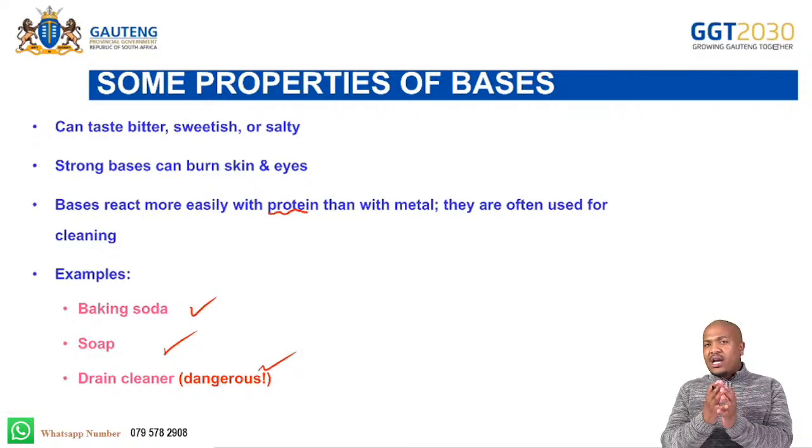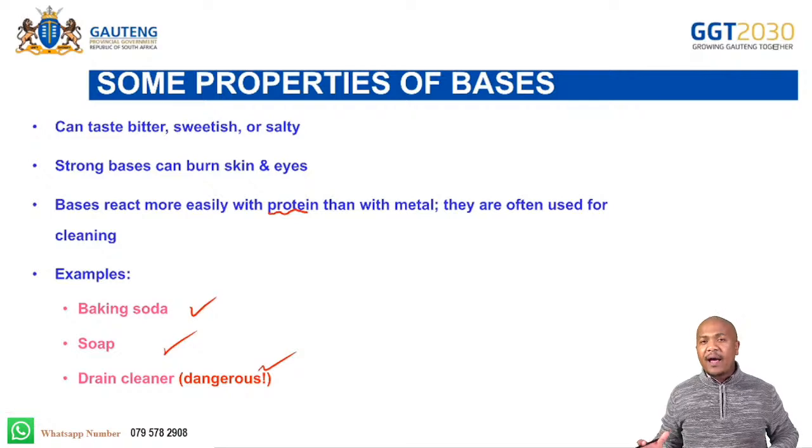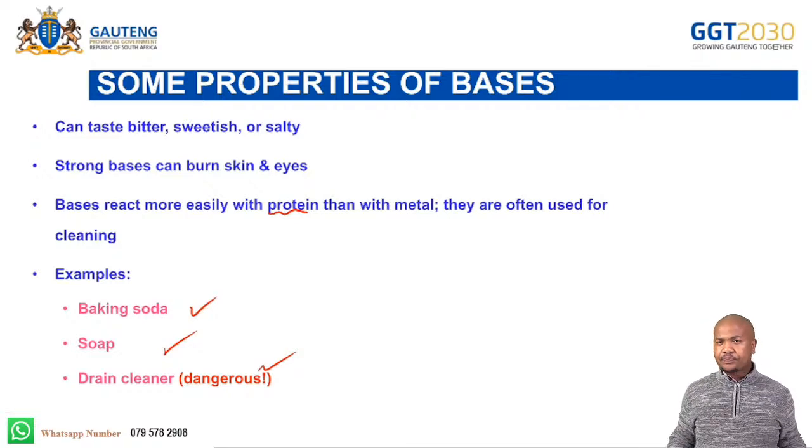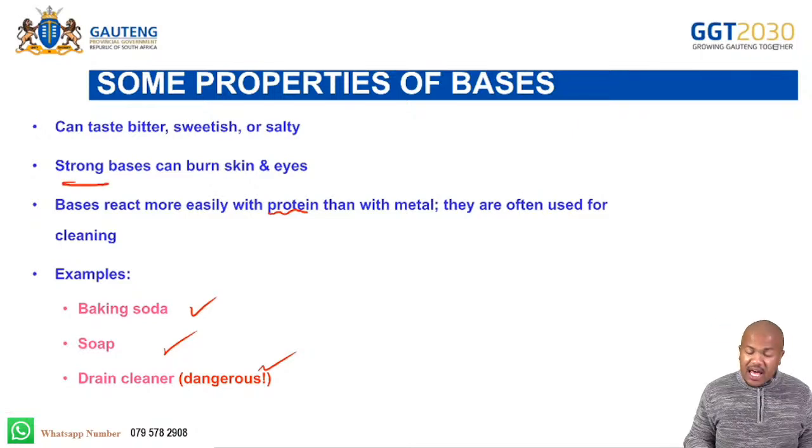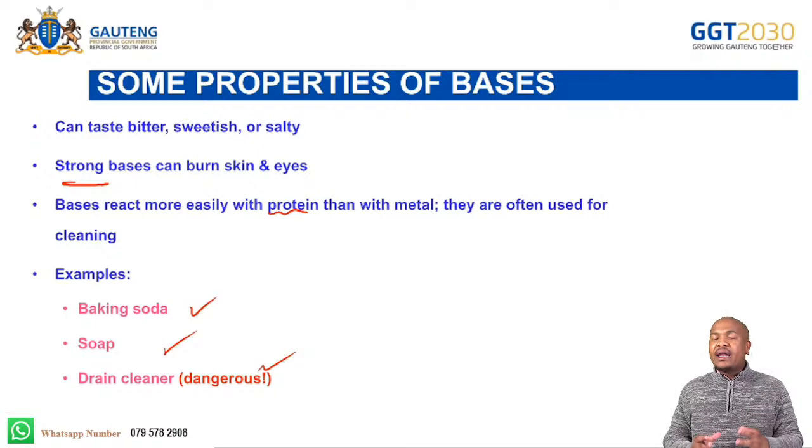So remember our lesson objectives. We said that we're going to compare and contrast, meaning we're going to look at the similarities and differences between acids and bases. One common thing that they share is that strong bases and strong acids can burn our skin and eyes. They can both be dangerous.